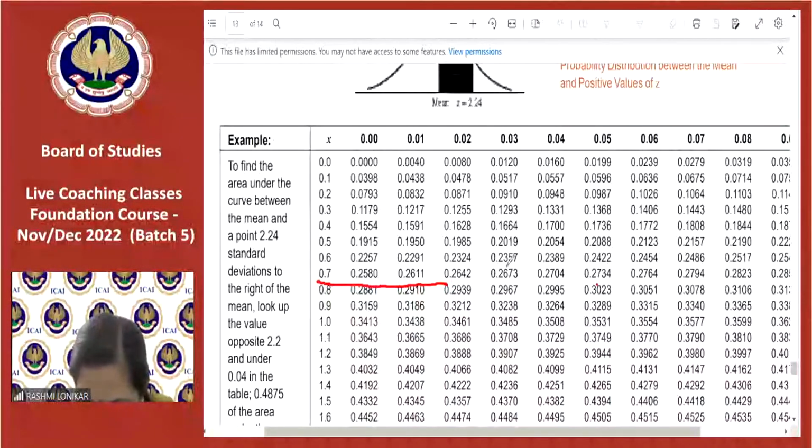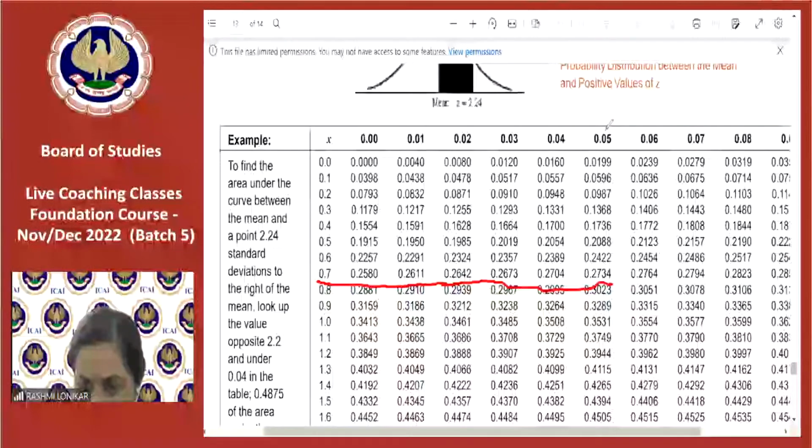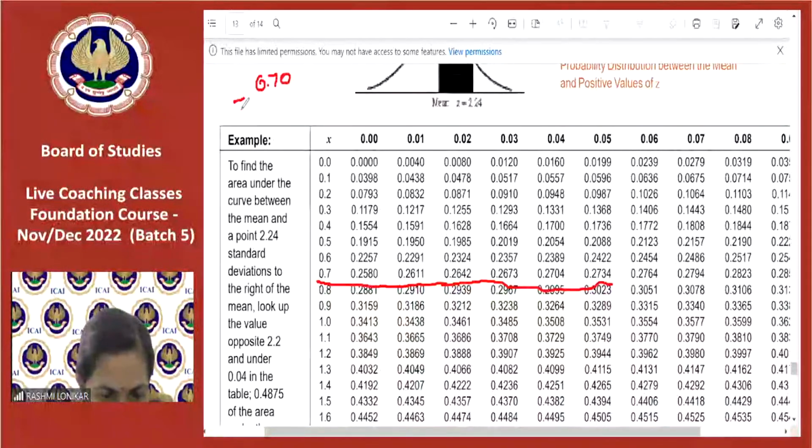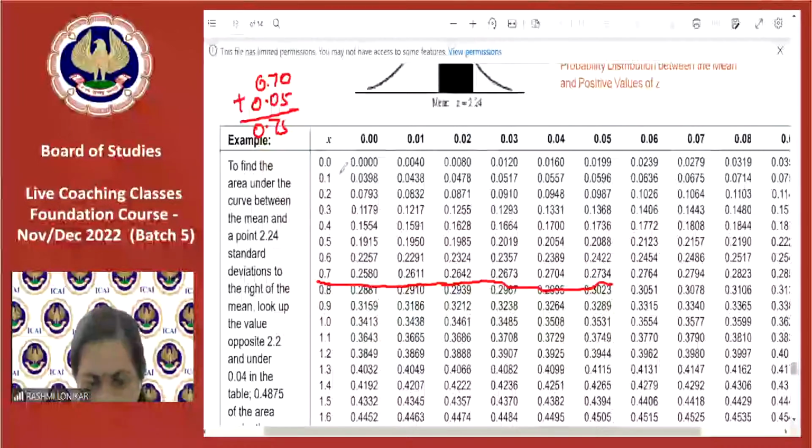So where is this? 0.7 plus 0.05 gives me 0.75. So 0.7 up to 0.05, what is the answer? 0.2734. This is what we have to add to 0.5.